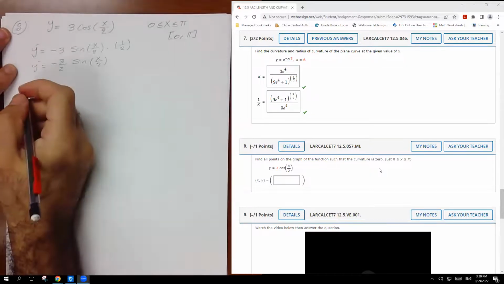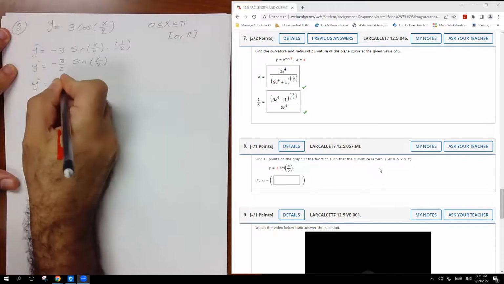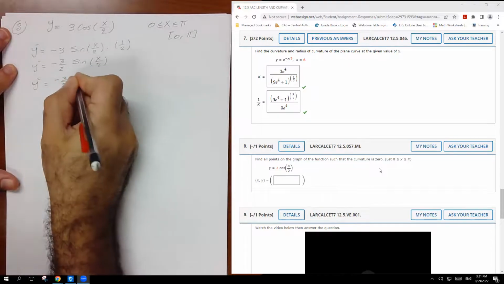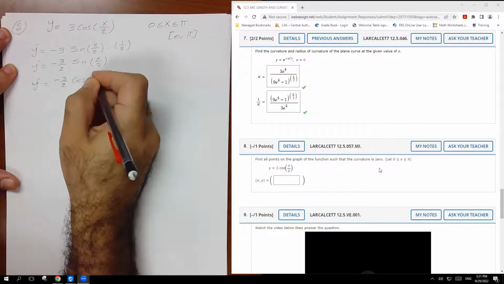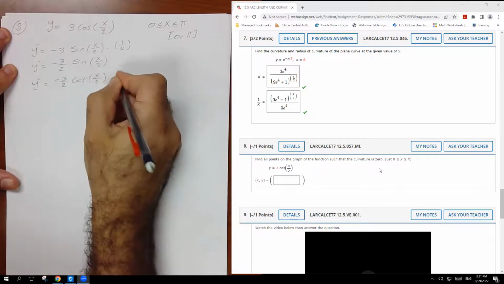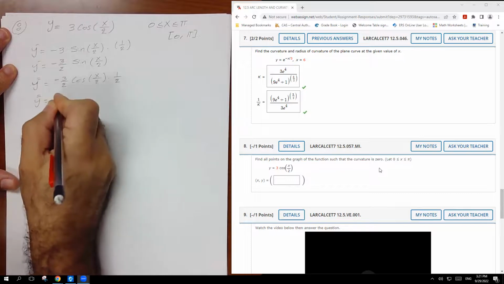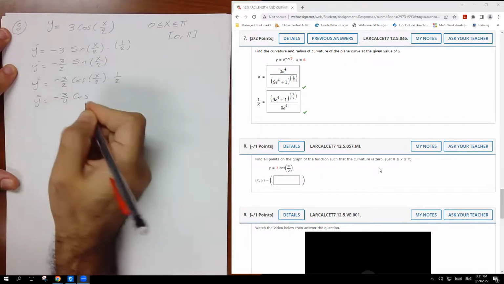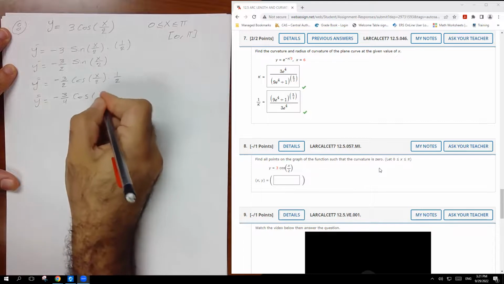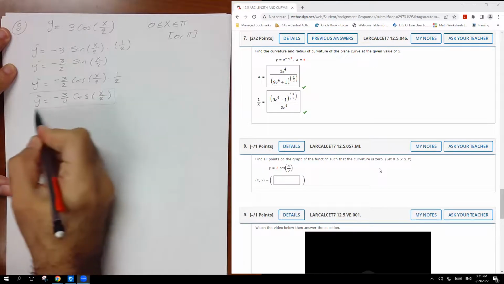Y double prime is going to be -3 over 2 cosine x over 2 and times another half. That means y double prime is going to be negative 3 over 4 cosine x over 2. So that's what we're going to use.